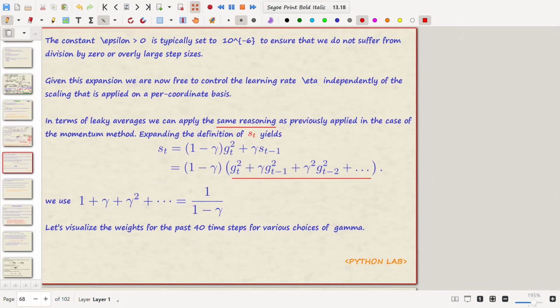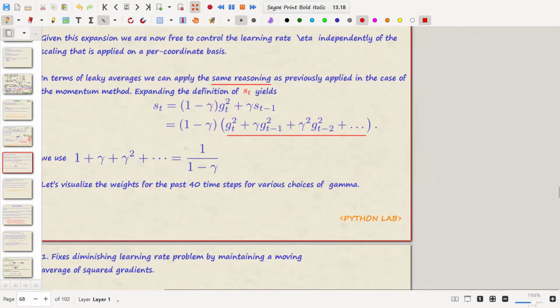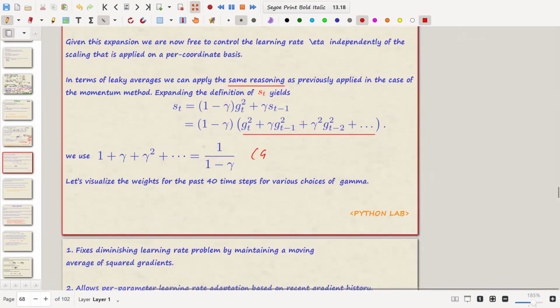But what do you see as the difference compared to momentum here? Yes, it's just g_t squared. Otherwise, in momentum it is just g_t. So you can just apply this geometric progression identity, and yes, you can get it.